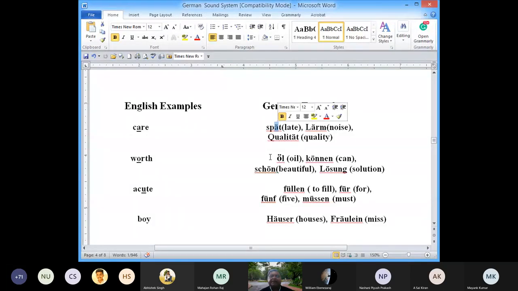Like that we have extra keys on German keyboards, but in English we don't have this. So how can we type this? There are certain commands. For typing an umlaut, you have to press Alt and 132. Then this will come. So I'll be sending you how to type umlauts.